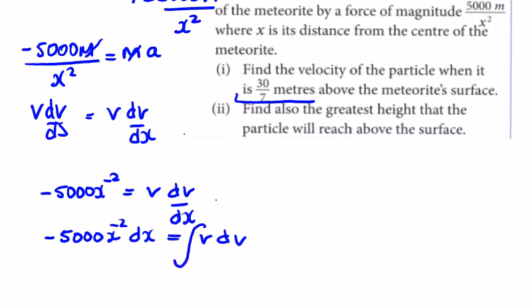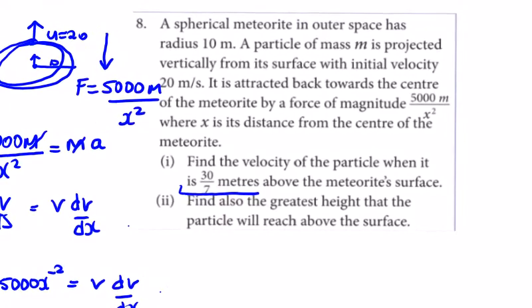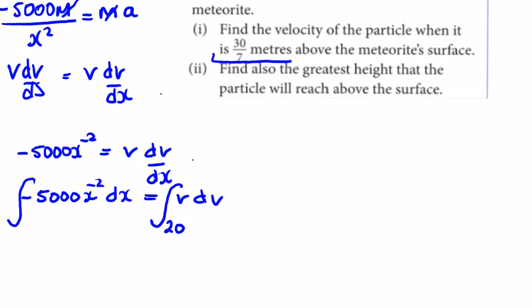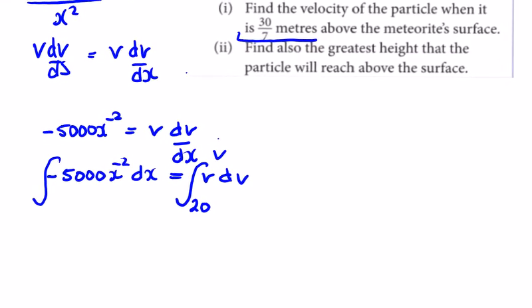And we're going to integrate these. And this is where the radius comes in. So we have initial velocity of 20, and it's going to reach a height of 30/7. So let's find the velocity.